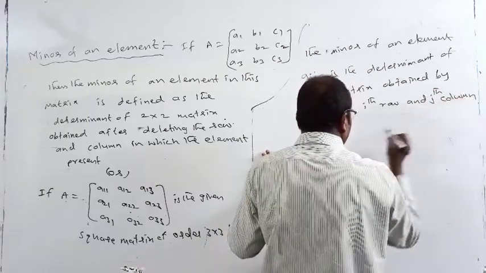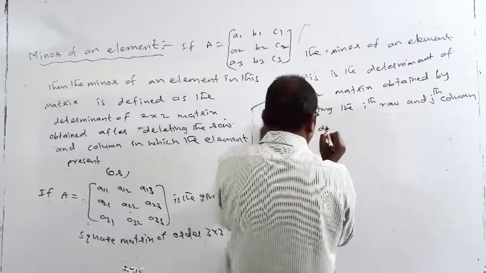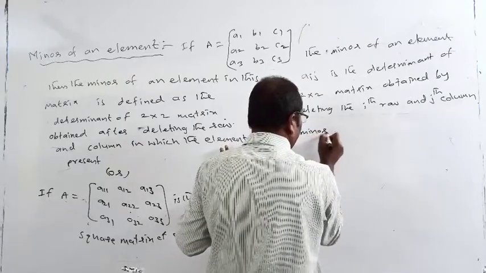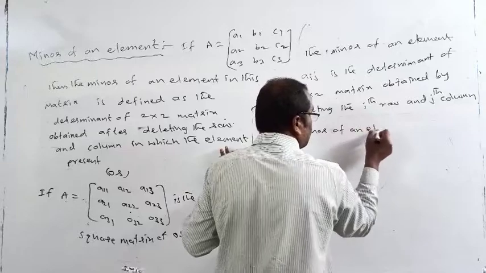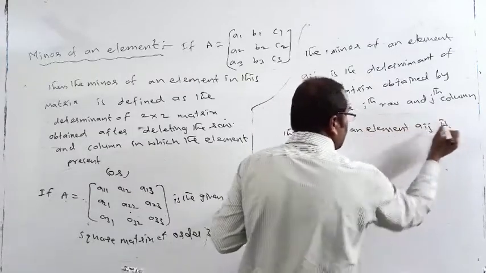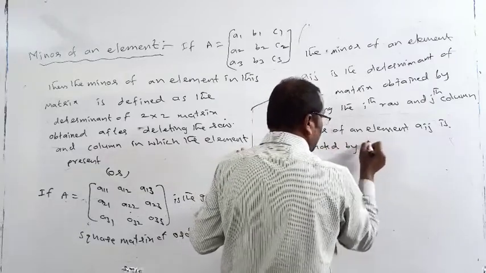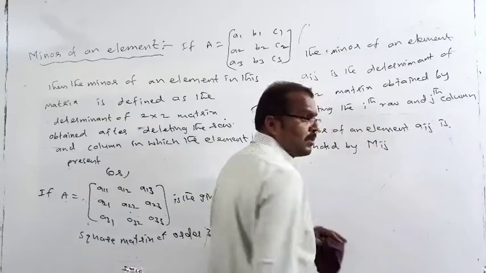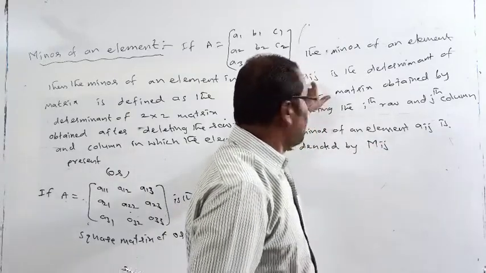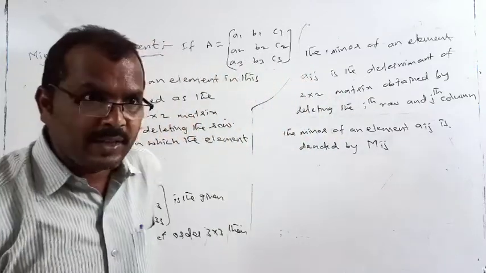The minor of the element Aij is denoted by capital Mij. So don't confuse here. What is the meaning of Aij? It is the element at the position of the ith row and jth column.